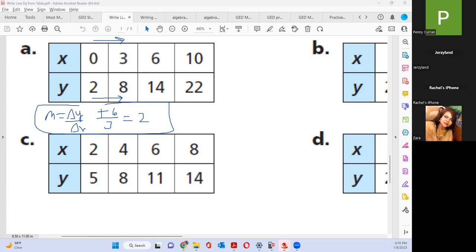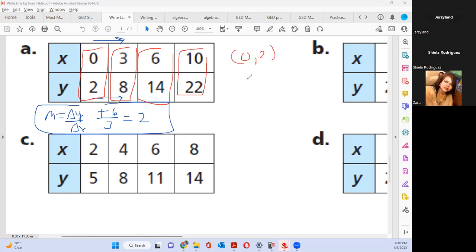In a table, this is your first point, this is my second point, this is my third point, this is my fourth point. This is the same as saying (0, 2), (3, 8), (6, 14), (10, 22). Does everybody understand that? A table is just another way to give you points.